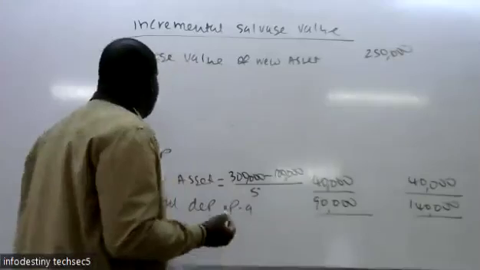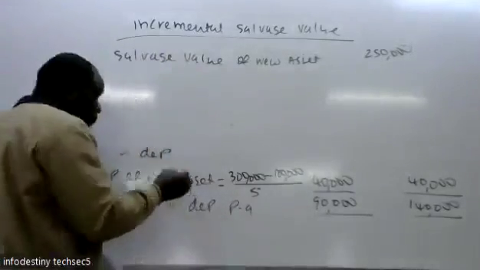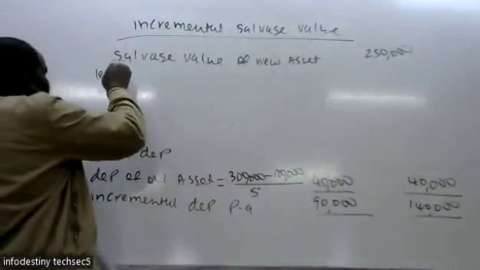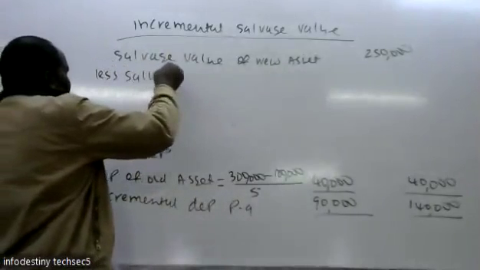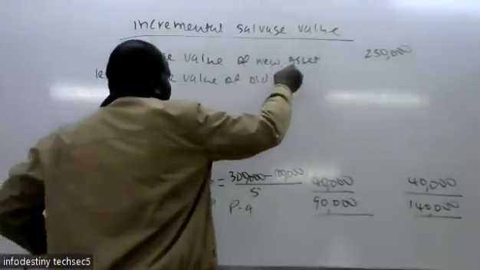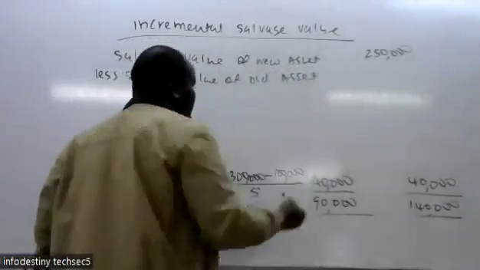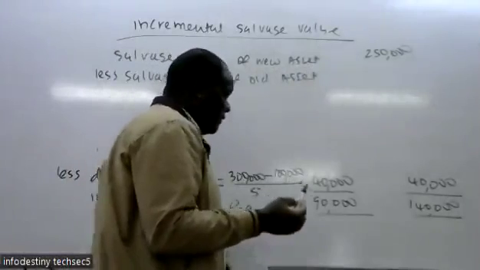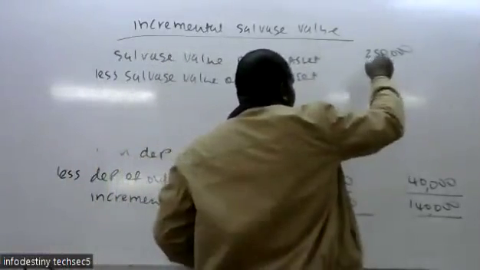Then we less the salvage value of the old asset, so this one is 100,000.